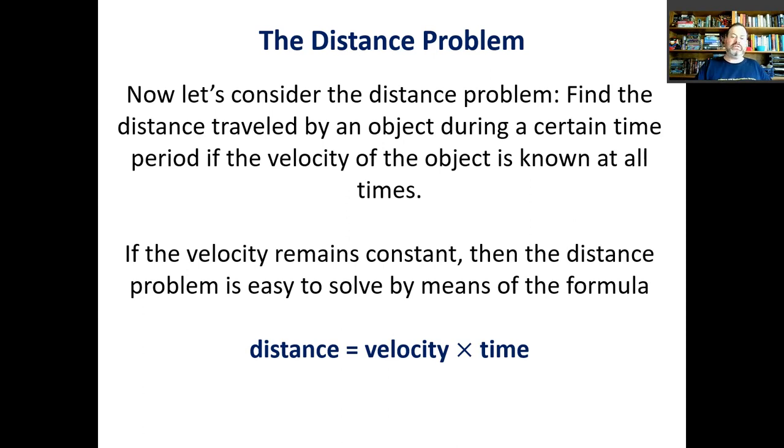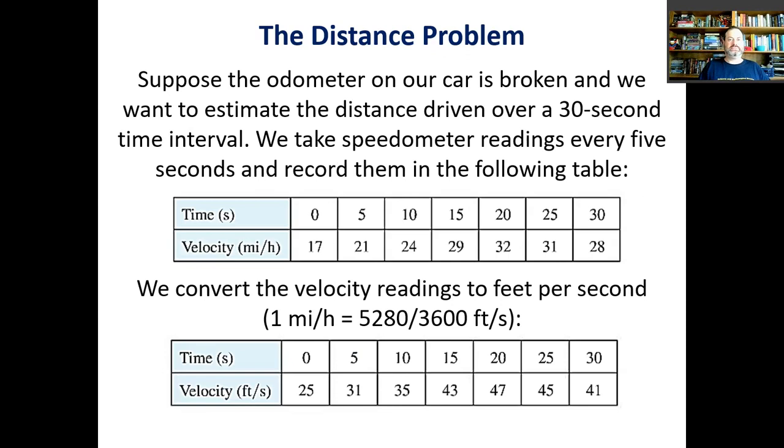But what if the velocity is changing? Suppose the odometer on our car is broken and we want to estimate the distance driven over a 30-second time interval. We take speedometer readings every 5 seconds and record them in a table. So can we figure out how far we've driven, roughly, by just knowing the speed? And not the instantaneous speed, just every 5 seconds.